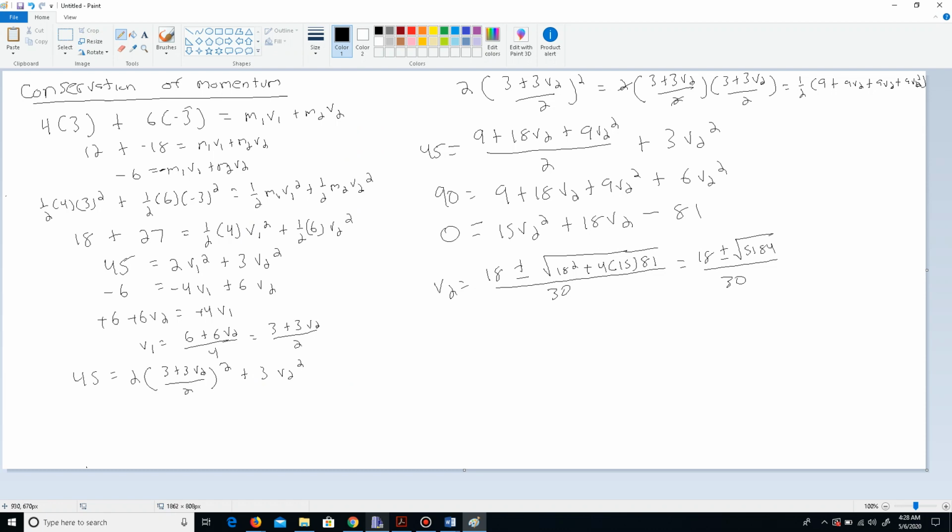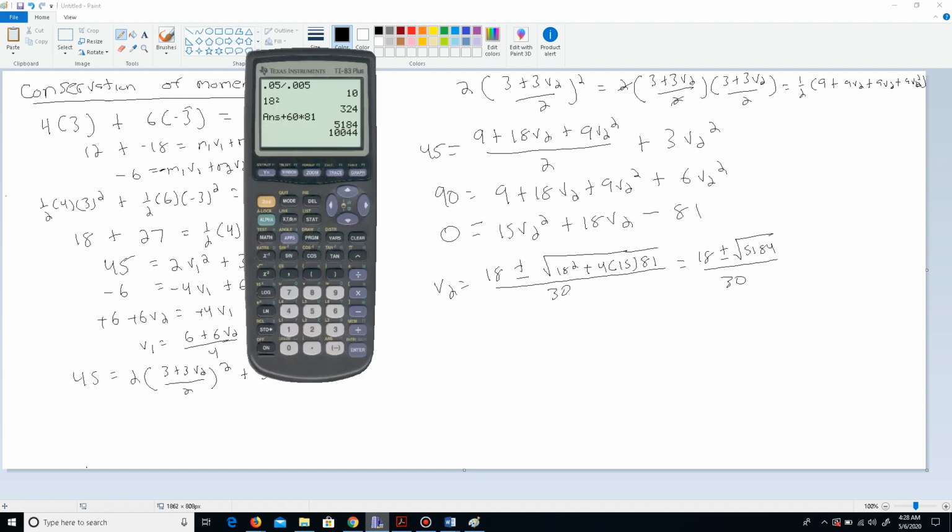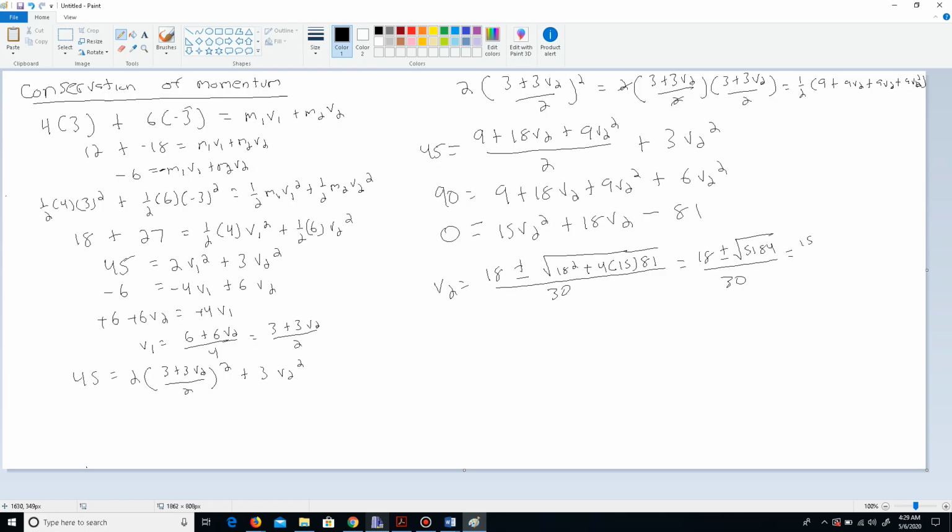Okay, so let me take the square root of that. The square root of 5184, I get 72. Works out nicely. So I get 18 plus or minus 72 over 30. We can probably reduce that down. If I divide by 6, I get 3 plus or minus 12 over 5.